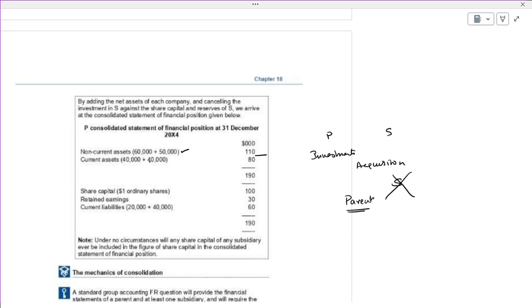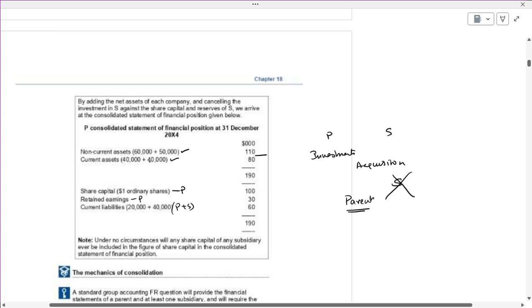We have taken current assets plus the non-current assets, only the parent company share. We are taking the retained earnings also, we take the parent company plus any profits. Current liabilities, we take parent plus subsidiary. When you are taking the assets, you will take the liabilities also.